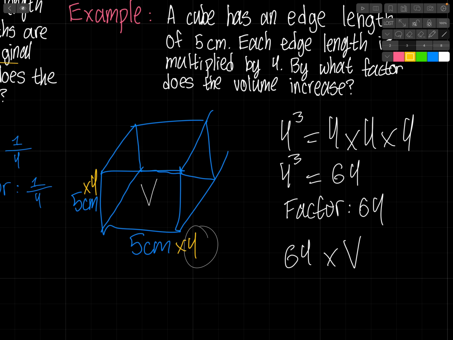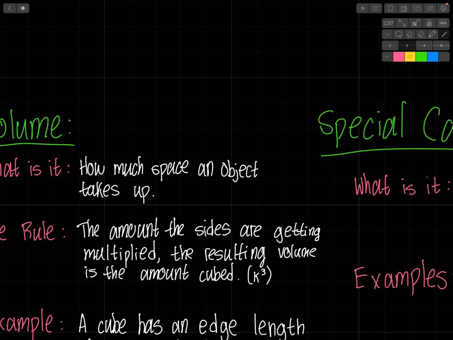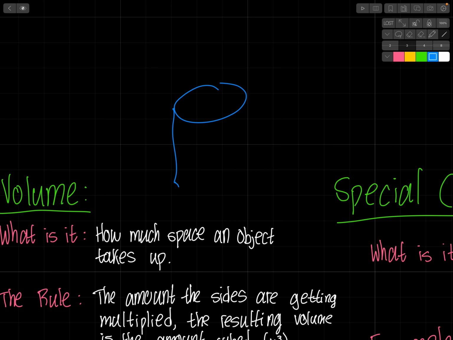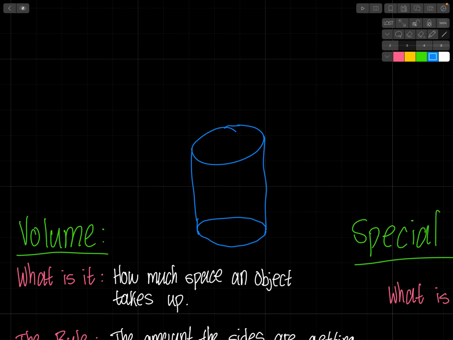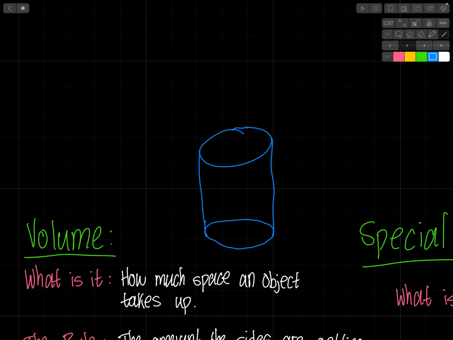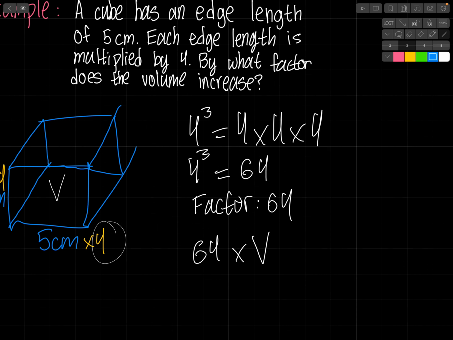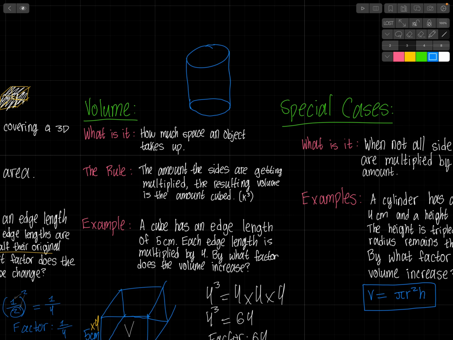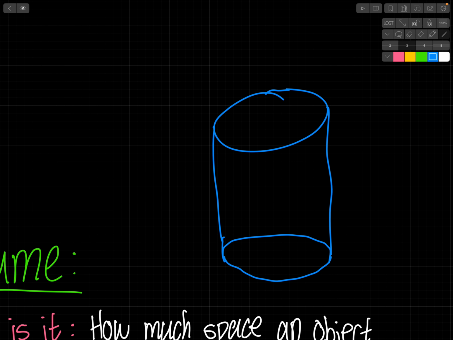Because if you have a cube, right? Or let's just draw a cylinder, right? If we have a cylinder, to get the volume of a cylinder, the volume formula for a cylinder is pi r squared h, right?